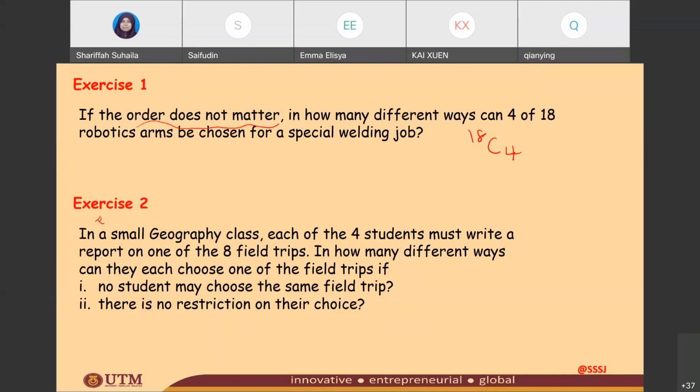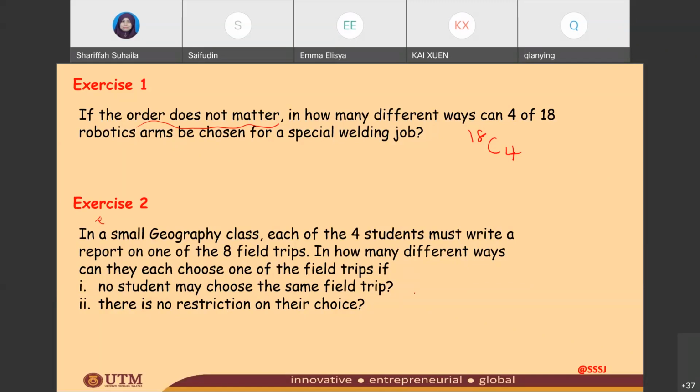Okay, siapa lagi nak cuba? Maksudnya dia tak boleh nak repeat ni. Okay, 4 students must write a report on one of the 8 field trips. In how many different ways can they each choose one of the field trips if no student may choose the same field trip?